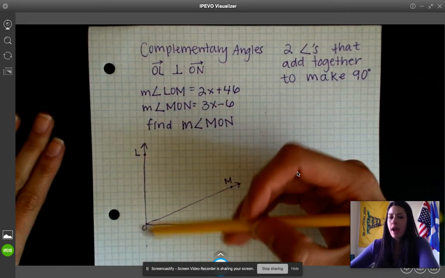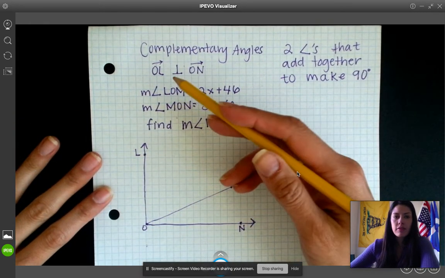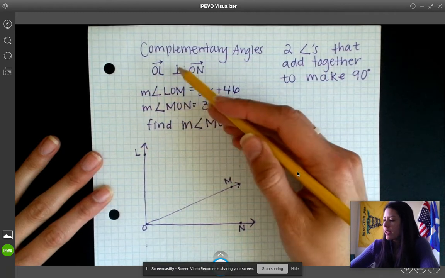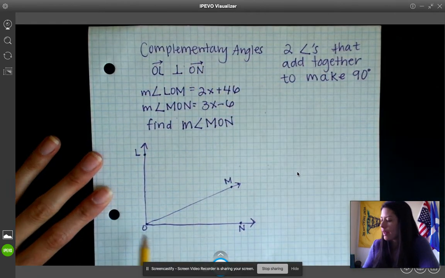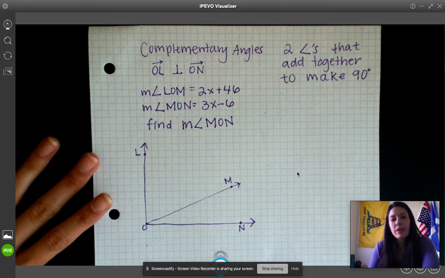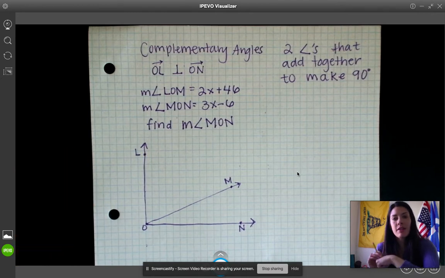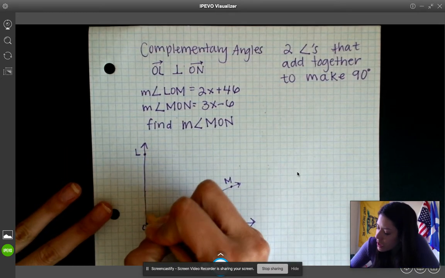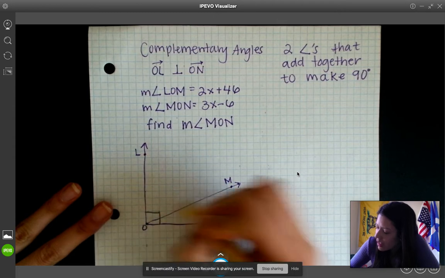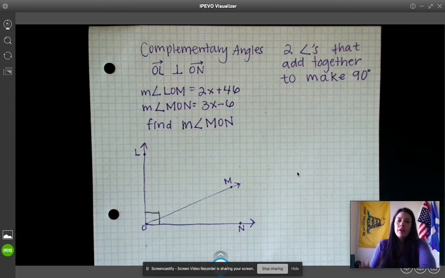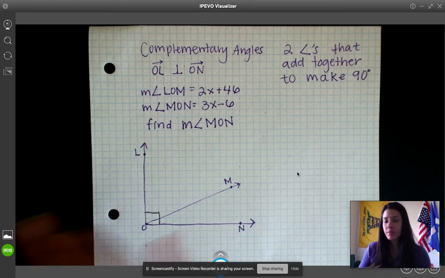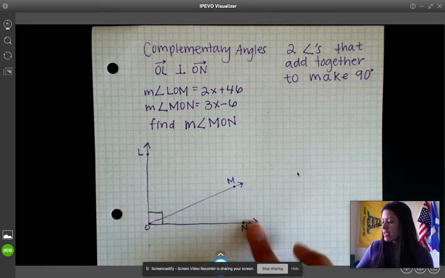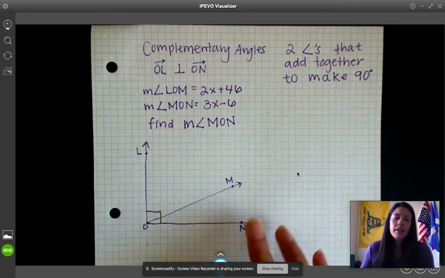When it's perpendicular, that just means they come together and make 90 degrees. So I'm going to draw that little box there, so I can see that those two angles added together are 90 degrees, meaning that this angle and this angle are going to be complementary.